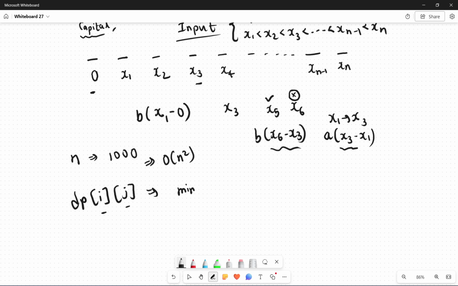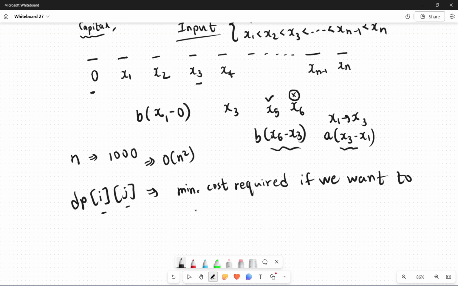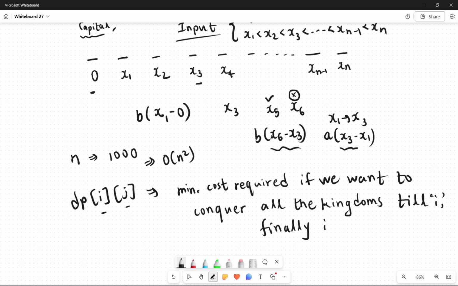Let's be formal: the minimum cost required if we want to conquer all the kingdoms till i, and finally if your capital lies at the jth index.